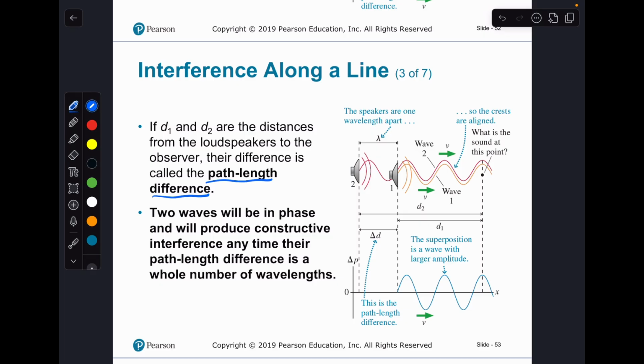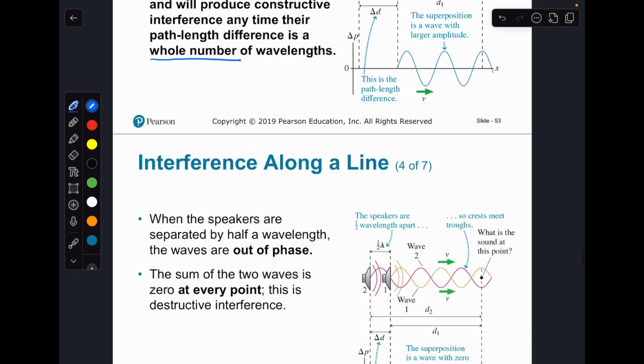If the path length difference is equal to a wavelength or a multiple of a wavelength, then the two waves will be in phase and will produce constructive interference. Any whole number, any integer multiple of wavelength.